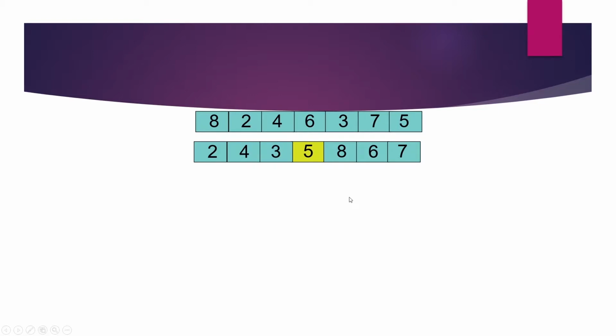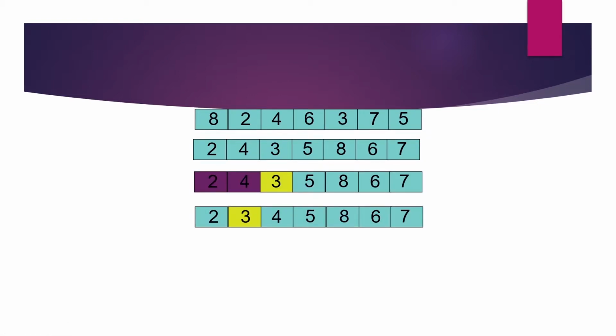So now we will apply the partition to the left subarray. The pivot that I will choose on the left side is 3, since it is the last element of the left subarray. So now all elements smaller than 3 will be placed to its left, and the elements greater than 3 will be placed to its right.